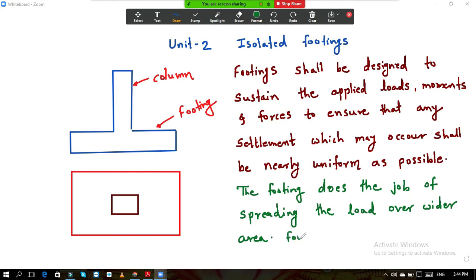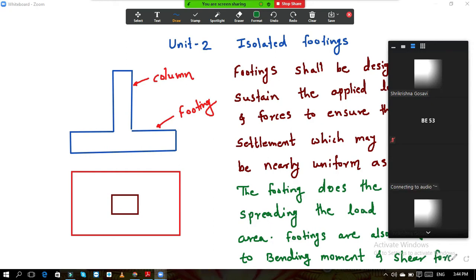Footings are also subjected to bending moment and shear force.